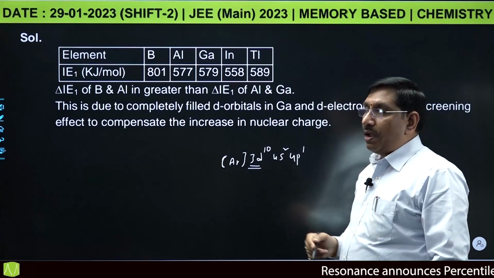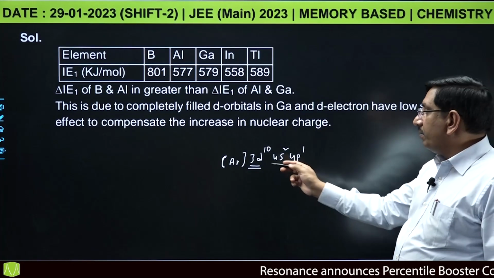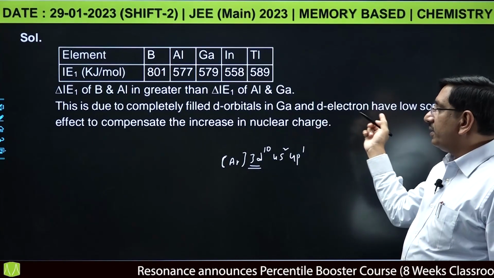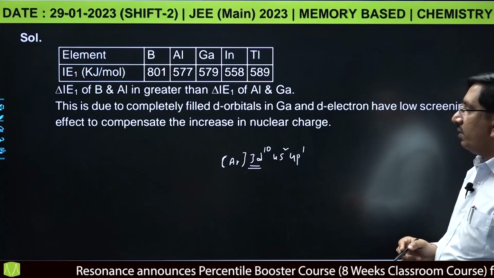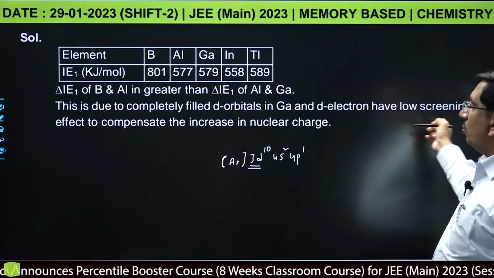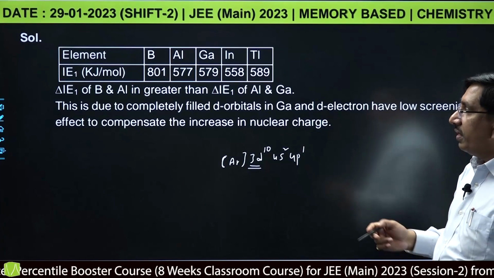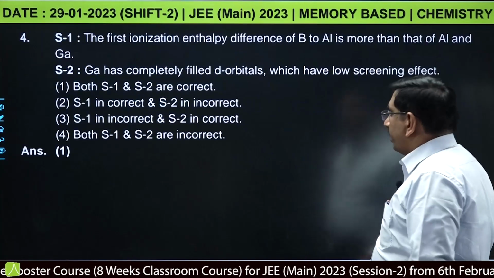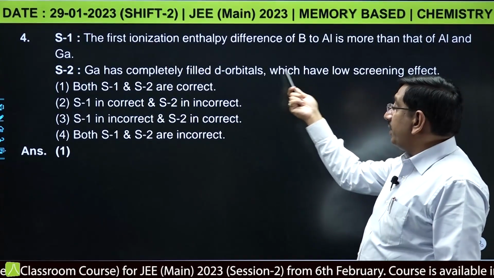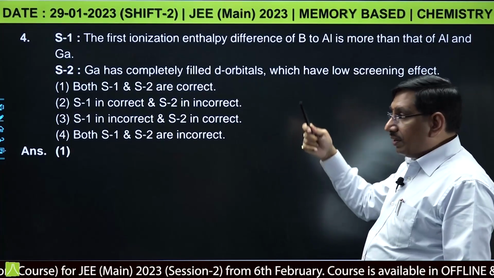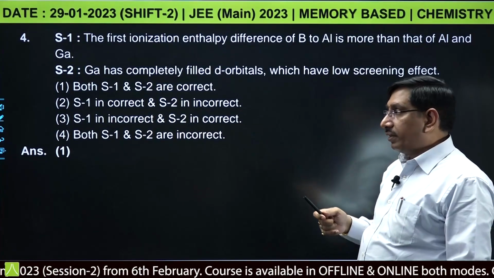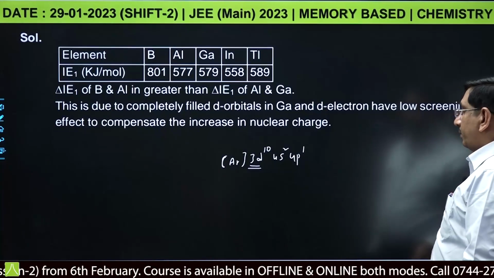Because of the poor shielding effect of these d orbitals, the ionization enthalpy for gallium is compensated by the nuclear charge and low screening effect. That is why the given two statements, gallium has completely filled d orbitals, yes it is correct, which have low screening effect, this statement is also correct, and statement 1 is also correct. So, both statements are correct.